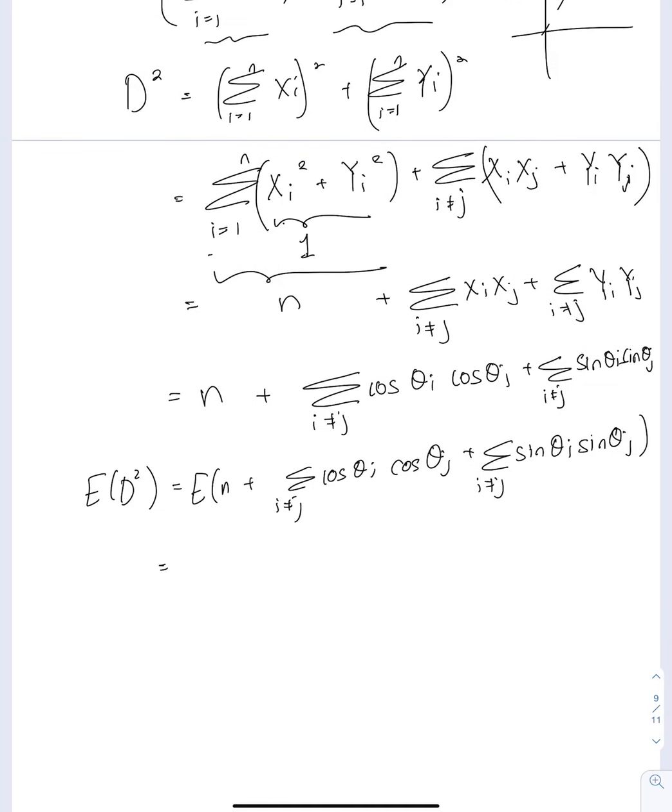Splitting this up, you will have the n plus the expected value of cosine theta i times cosine theta j, and then the same with the sines.